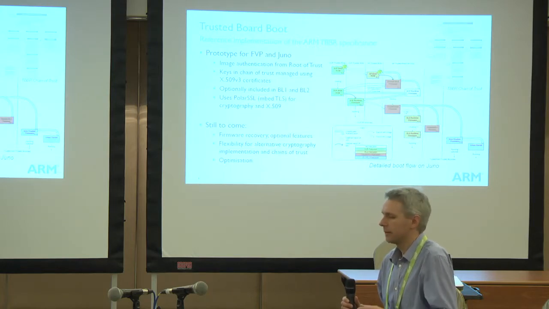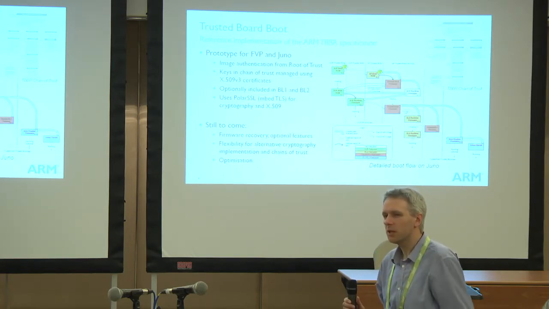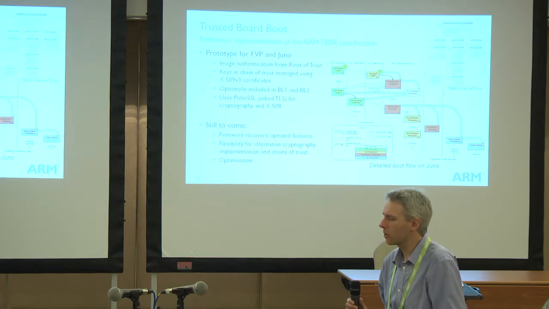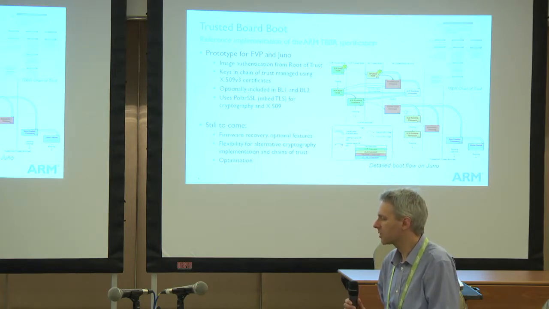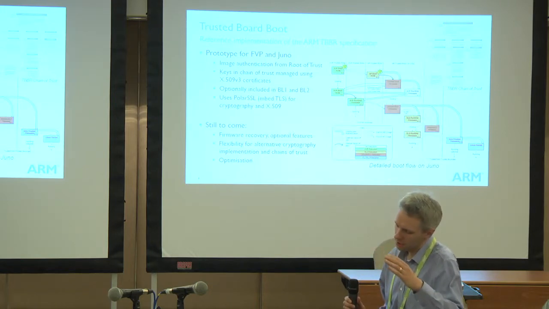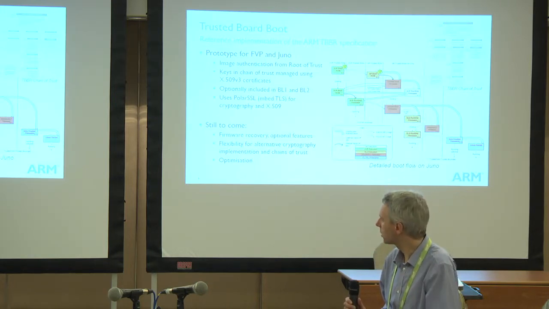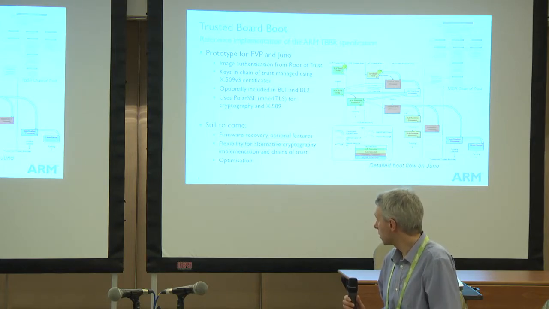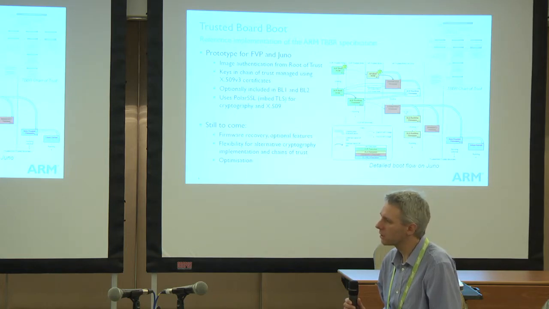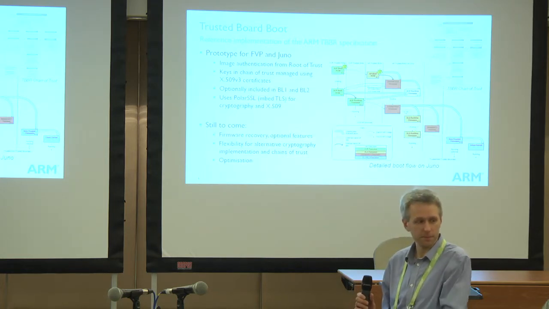Although alternatives won't match the example in the trusted board boot requirements, it's an improvement to provide flexibility in the framework that allows partners to implement the solutions that they want. And as I said, probably right towards the end of the year, we'll look more seriously at optimization of the code and data footprints.